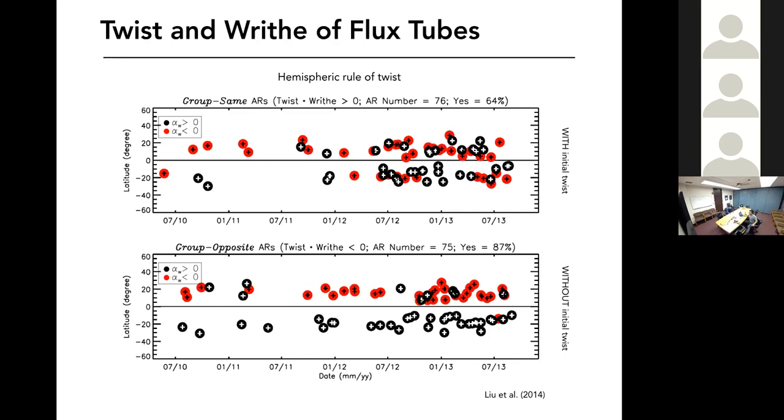So it appears, at least from the small sample statistics, that the sigma effect might play a larger role in determining the sign of twist of these active regions. This is an empirical statistical study that gives some weight to the sigma effect.